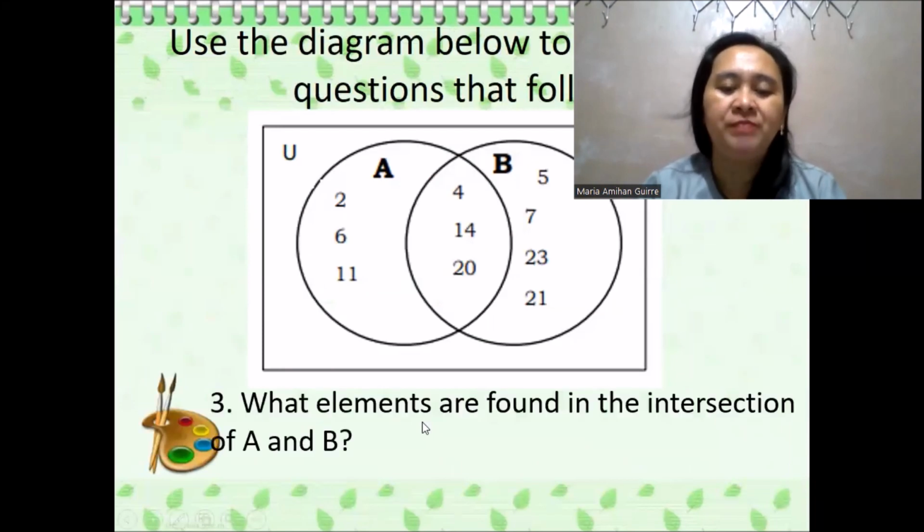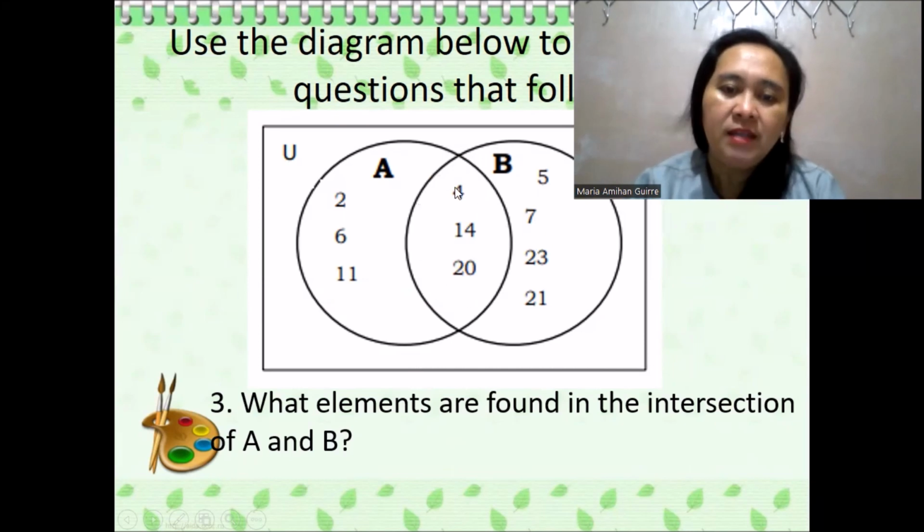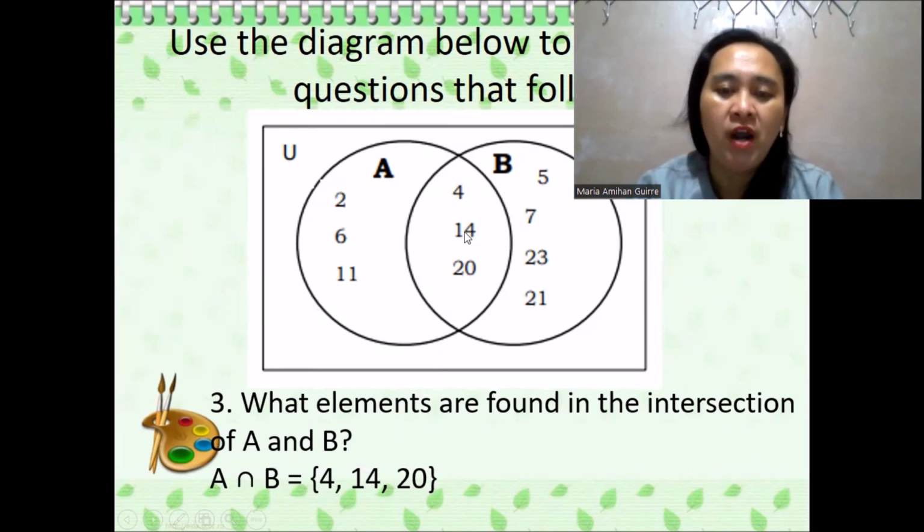Another question, what elements are found in the intersection of set A and set B? Napakadali. Lalo na kung given is the Venn diagram. These are the common. Parehas silang may 4, parehas silang may 14 and 20. Therefore, the intersection of set A and set B, ito ang symbol, are 4, 14, and 20.